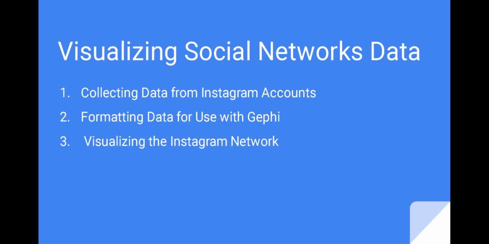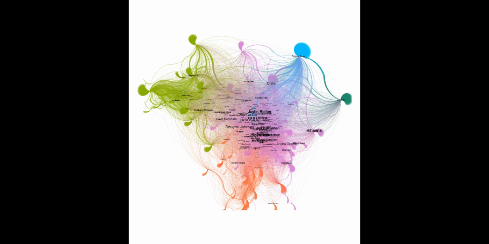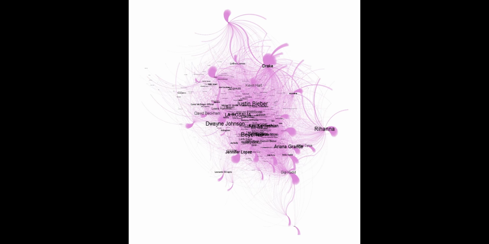a software called Gephi. Gephi is an open source software that is used to visualize graphs, and social networks can be represented as graphs with all the interconnection between the accounts, all the relationships, followers, followings, comments, likes.